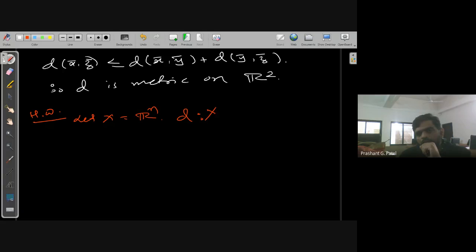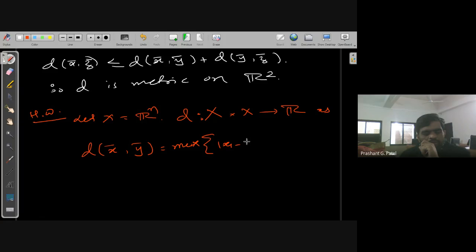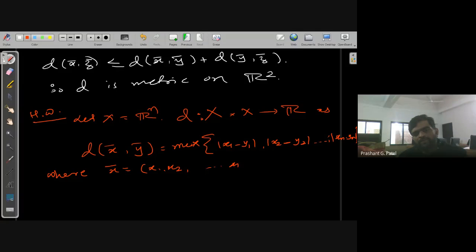Define d from X cross X to R as d of x bar, y bar equal to the maximum of |x1 minus y1|, |x2 minus y2|, up to |xn minus yn|, for x bar equal to x1, x2, up to xn and y bar equal to y1, y2, up to yn, both belonging to Rn.